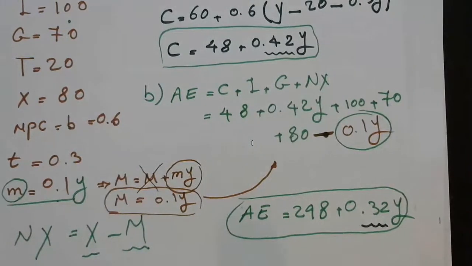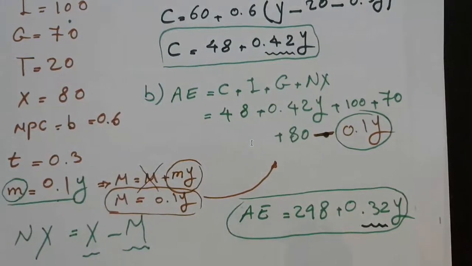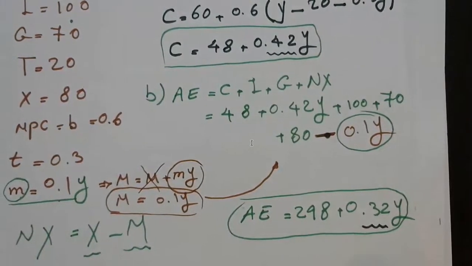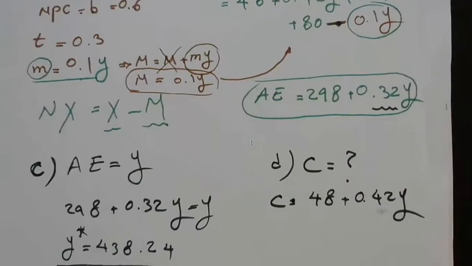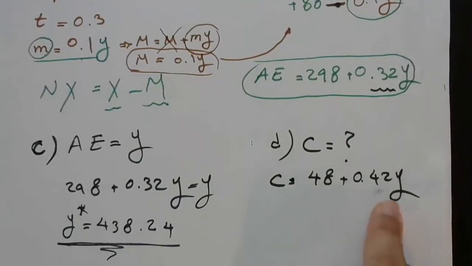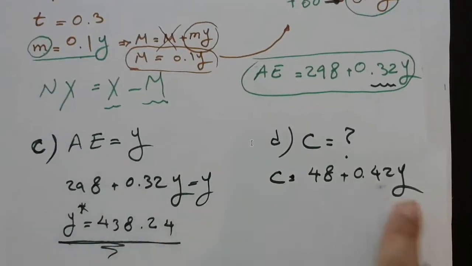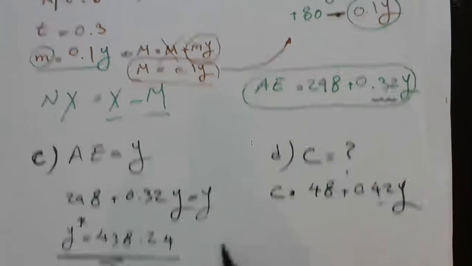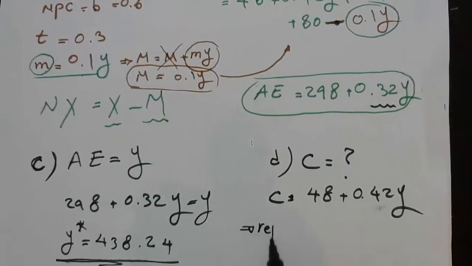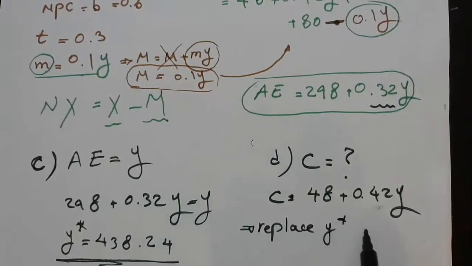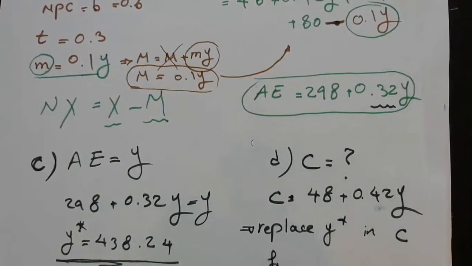You write your consumption function, which is 48 plus 0.42y, and then you replace the equilibrium income into it, so Y star in the C function.